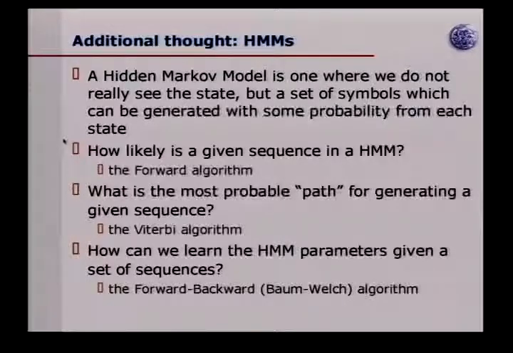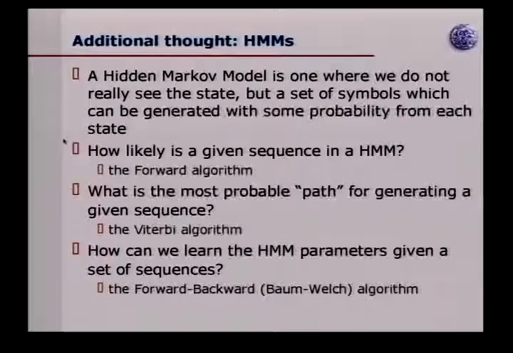There's an algorithm called the forward algorithm, which can be used. And determining the most probable path that can have generated a sequence is a mathematically complex problem which has been solved by an Italian named Viterbi. The Viterbi algorithm is very well known. It's used in your regular GSM cell phones, for example.